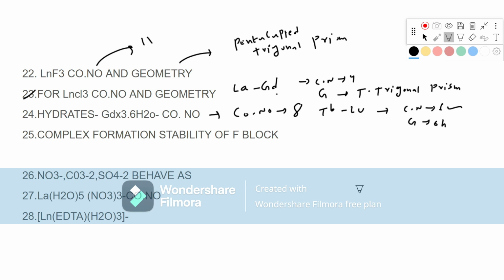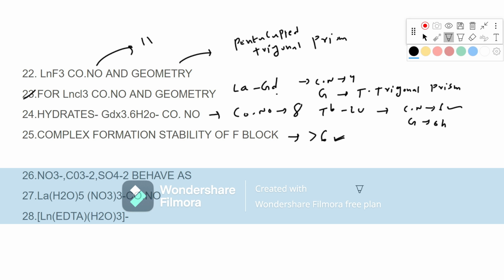Next, complex formation stability of f block elements. Maximum coordination number of f block elements is greater than 6. Generally the size of f block elements is higher than d block elements, so because of the higher size, f block elements can form complexes with coordination number greater than 6.